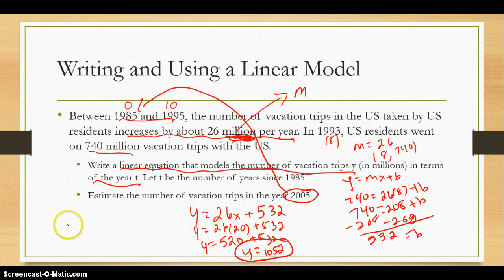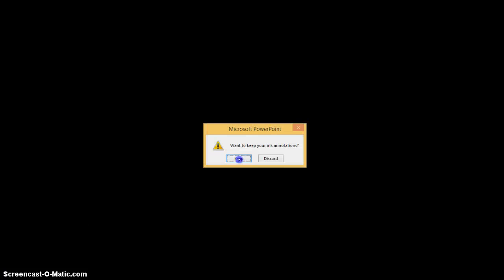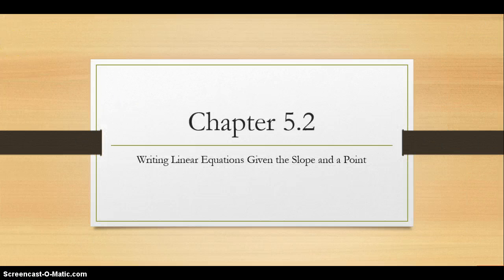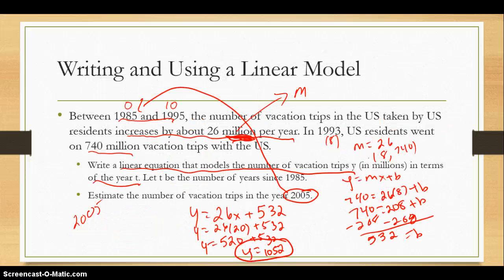So we know that in the year 1993 there was about 740 million, and in the year 2005, we know that there's probably about 1 billion and 52 million people that did vacation trips in the year 2005.